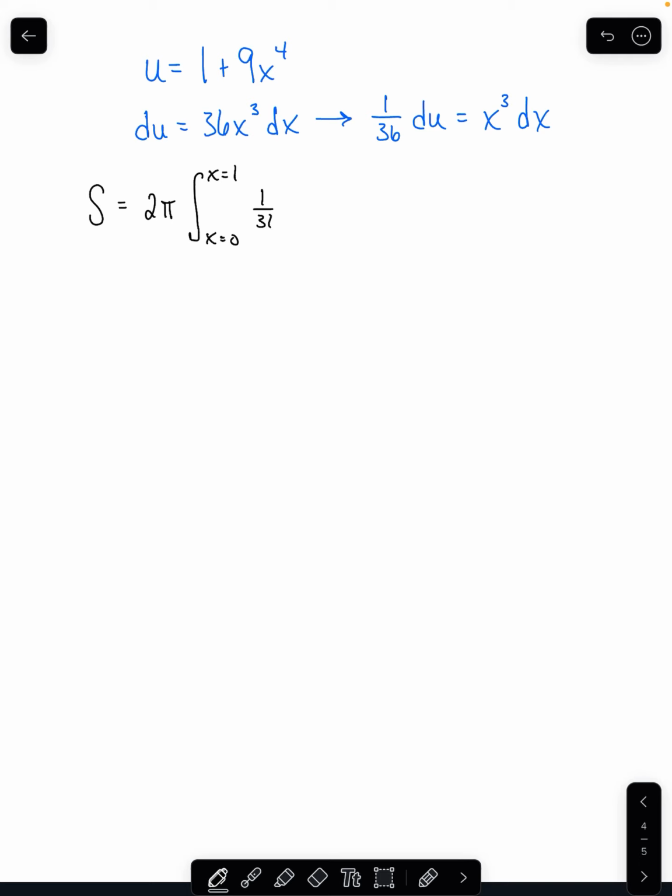We're going to put in a 1 over 36. Under the radical, we now simply have a u. And then the other half of the x cubed dx substitution, the du itself. We can bring the 1 over 36 out front, where it will become a denominator of 18 underneath the pi.